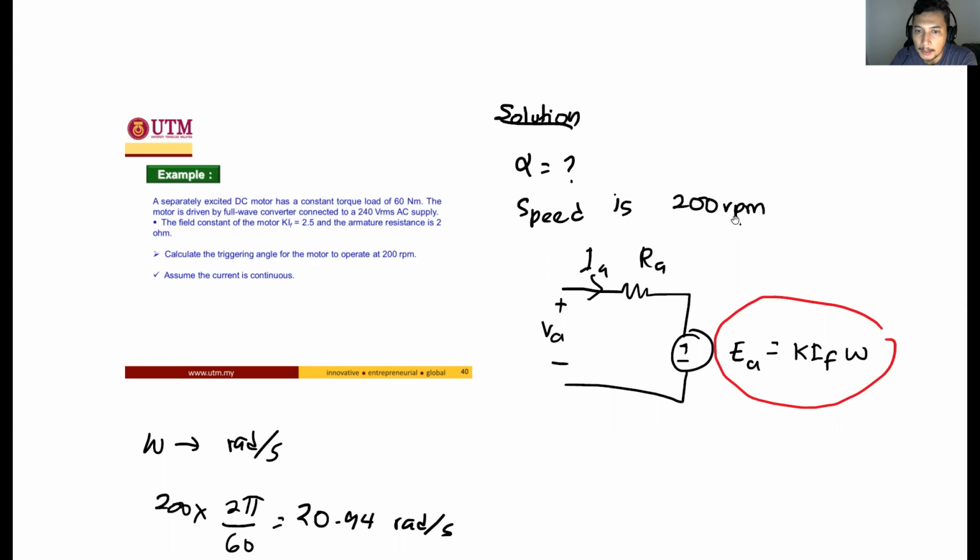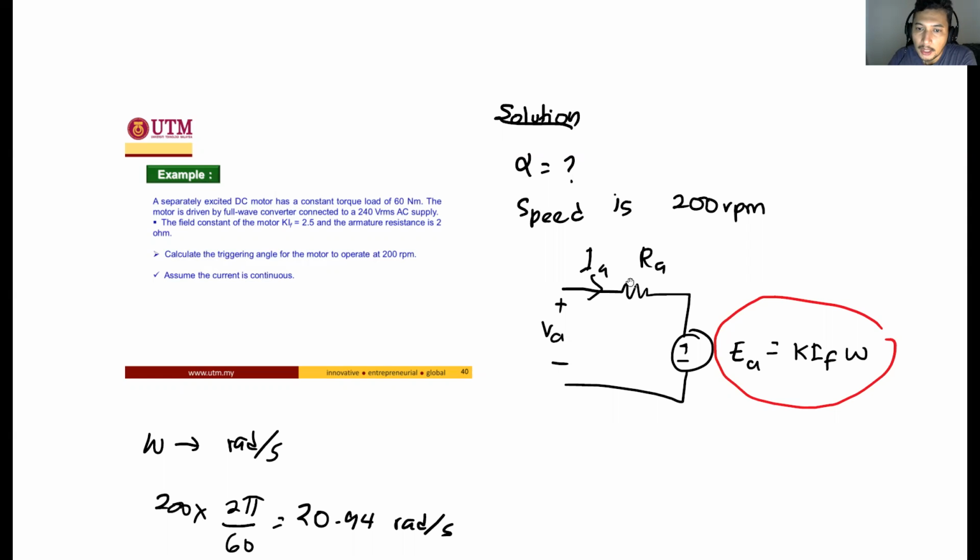What is the firing angle, alpha, so that the motor can be sped up to 200 RPM? And this is the equivalent circuit model of the DC motor. As you can see, we have no LA because this is a steady state operation, so there is no change of the speed and so on. The motor is running at 200 RPM constantly, so there is no change of current.